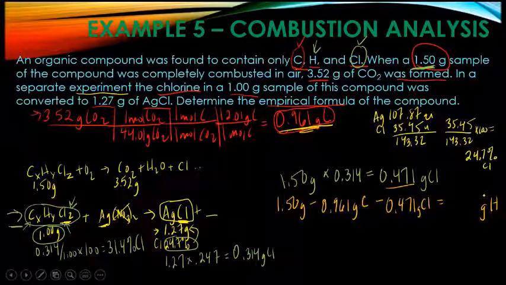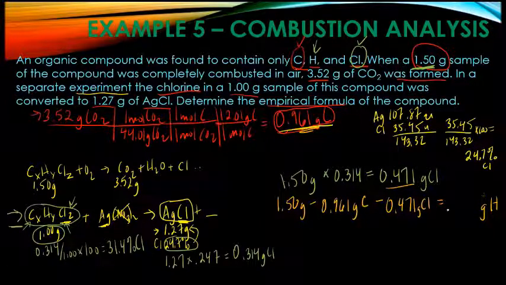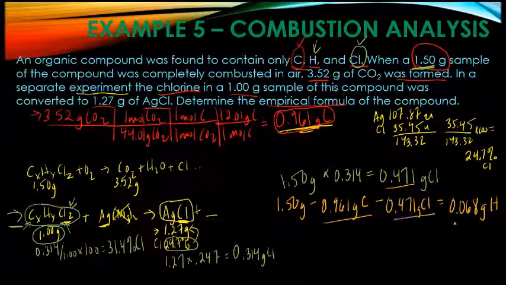So go ahead and take a moment to subtract that. We end up getting 0.068 grams of our hydrogen. Now that we have the grams of all the components, the carbon, the chlorine, and the hydrogen, we can do the mass to moles, divide by small, multiply to a whole part of this problem.